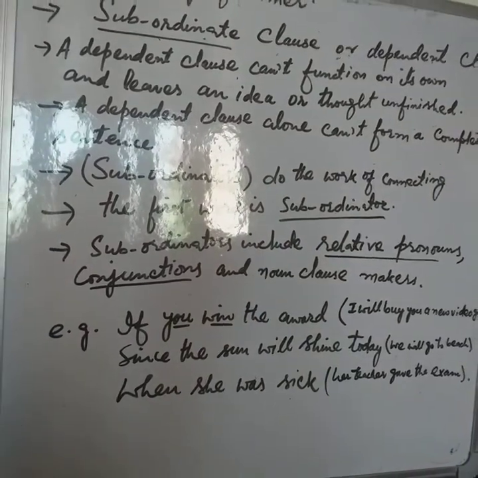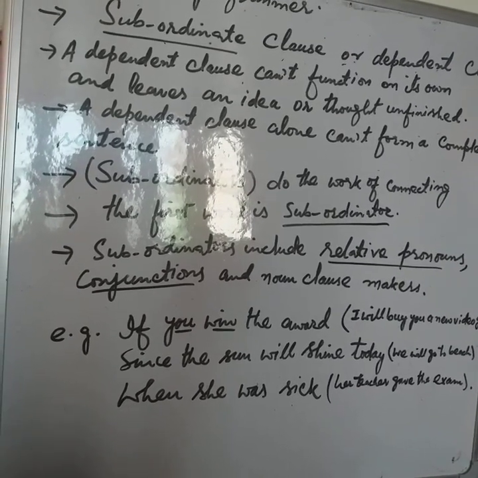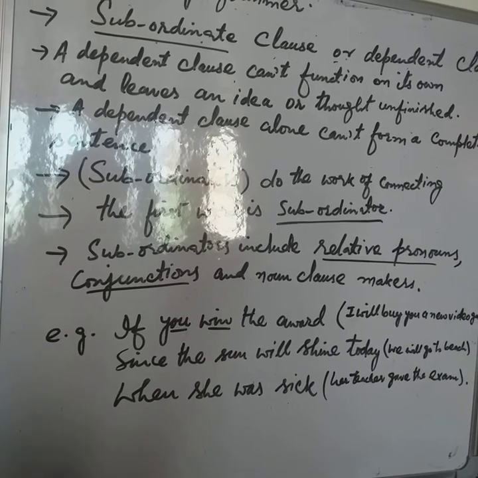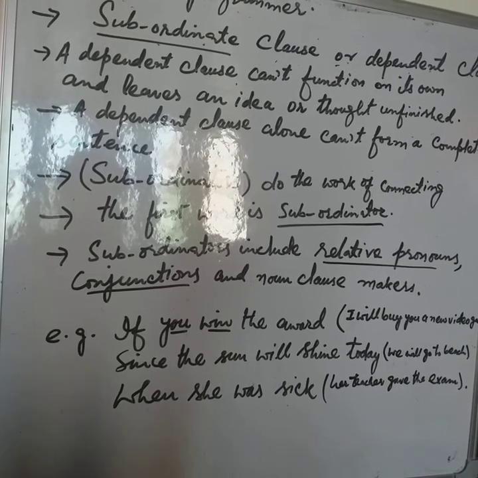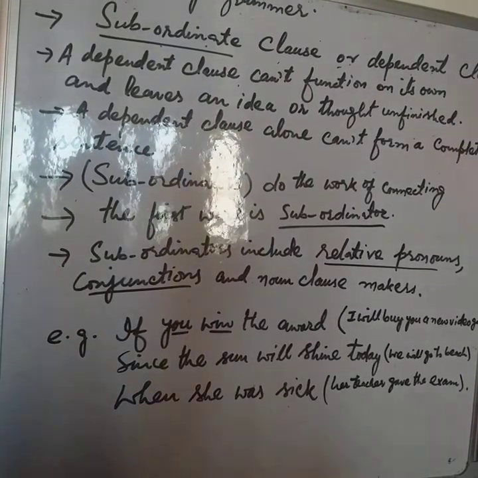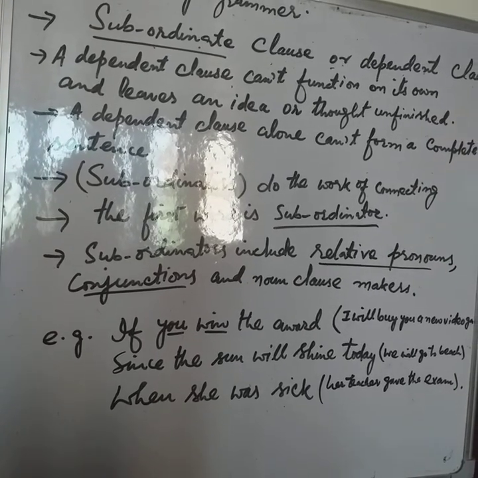So, dear students, these subordinate clauses require the help of the main clause, or we can say the principal clause or the independent clause, for their complete thought, for their complete meaning.